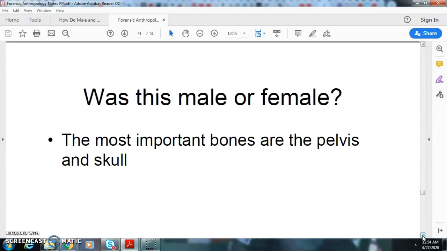And then, as I said, is this male or female? The most important bones for this are the pelvis and skull. In fact, I did this in my physical anthropology class, which wasn't forensic anthropology. You have cultural anthropology in school, and you have physical anthropology, and physical anthropology is about bones and stones.